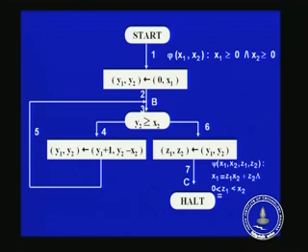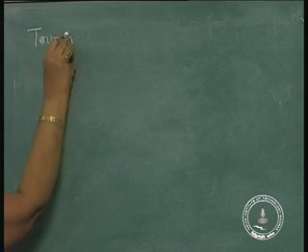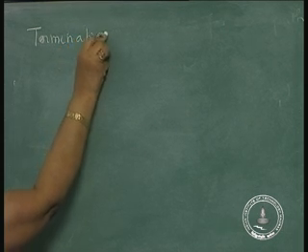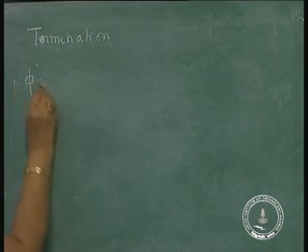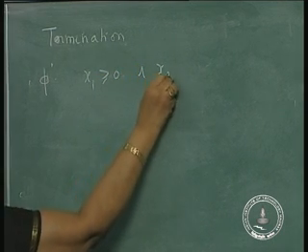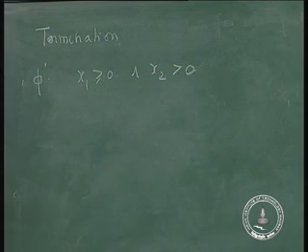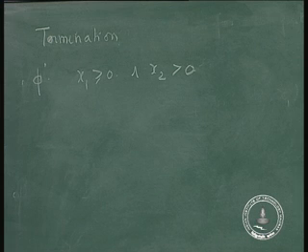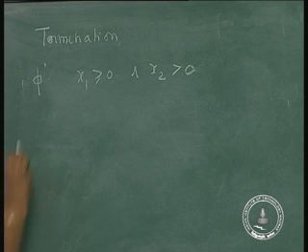For proving termination, in this particular example, you have to start with phi dash, which is x1 greater than or equal to 0 and x2 greater than 0, because you know that when x2 is equal to 0, the program will not terminate, you cannot divide by 0. With respect to this, you have to show that ultimately the program will terminate.